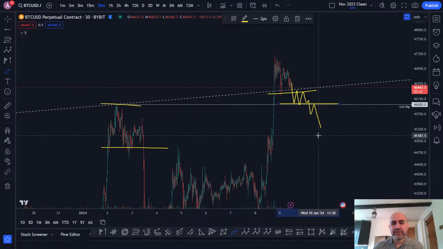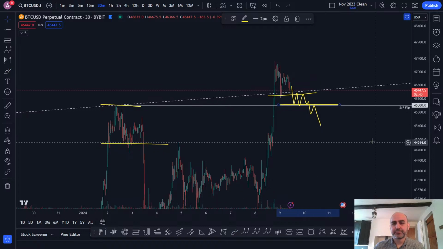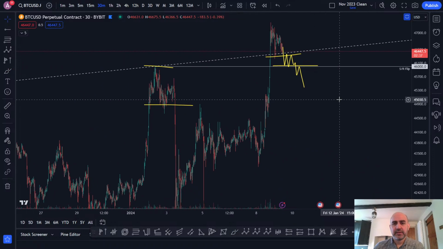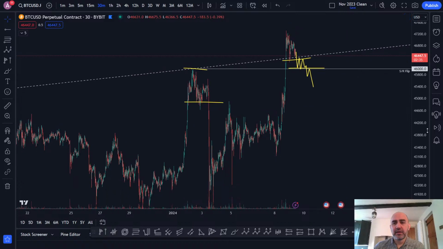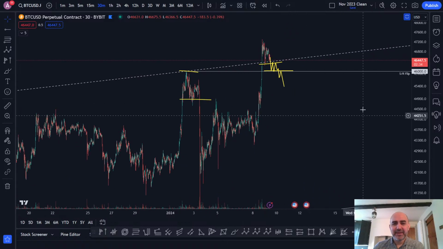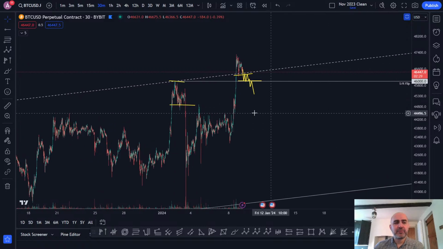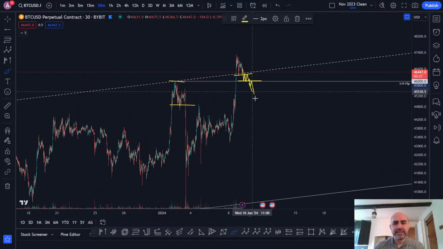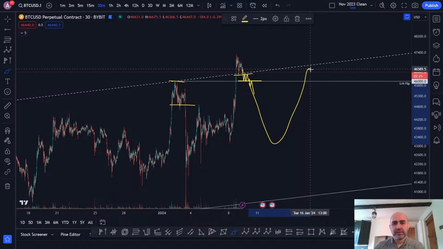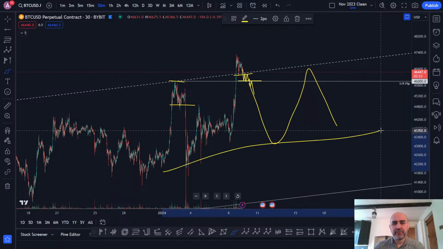That's going to look very weak. Now, it doesn't mean the price can't come down, pick up liquidity and go back up. But then what are you dealing with? Then you're possibly dealing with some sort of head and shoulders pattern.